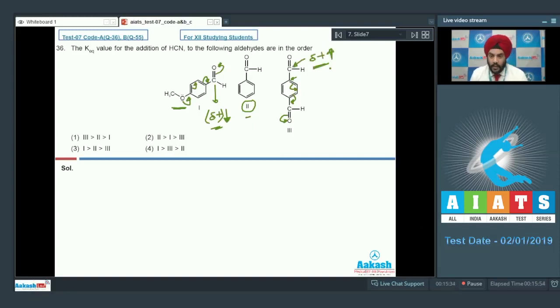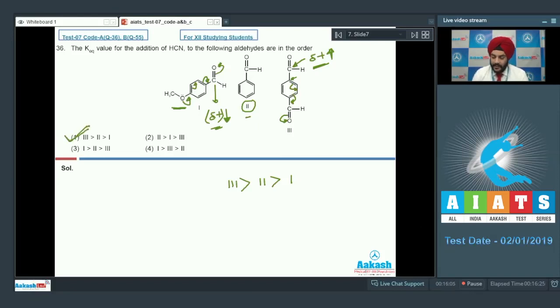We know that greater the electrophilic nature of the carbonyl carbon, greater is the rate of the addition of the nucleophile to that carbonyl carbon. So we can clearly see that the third structure will be more reactive than the second one, and the second one will be more reactive than the first one. So we have to mark option 1 as the correct answer to our question.